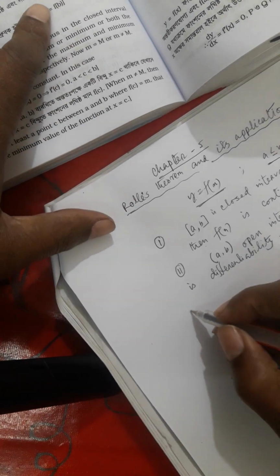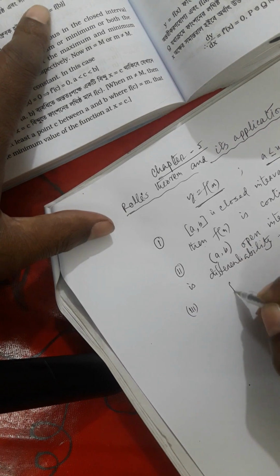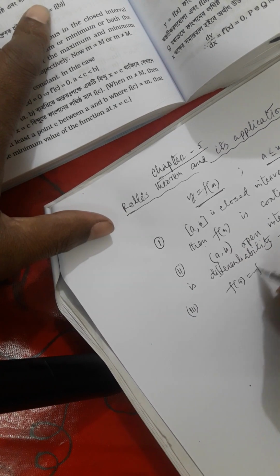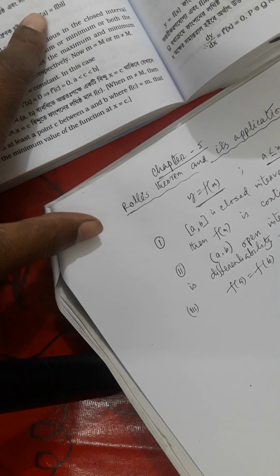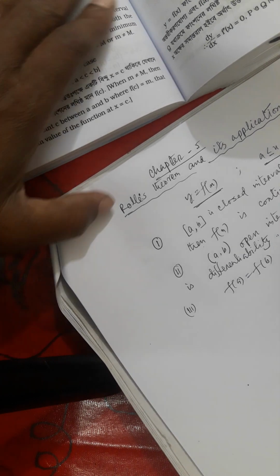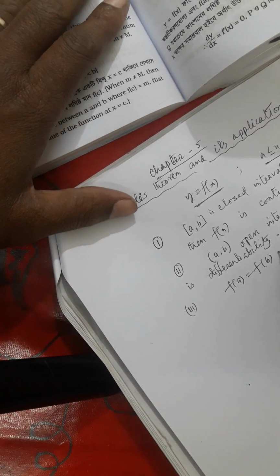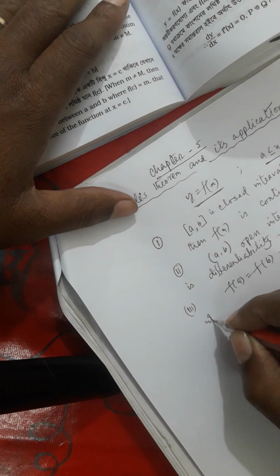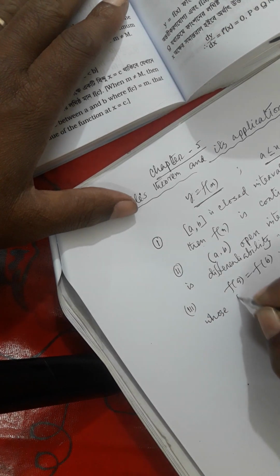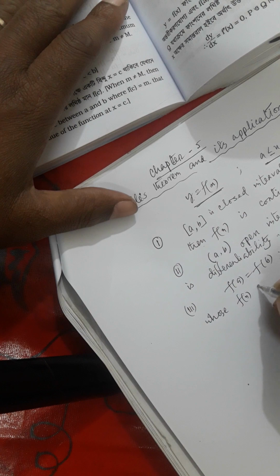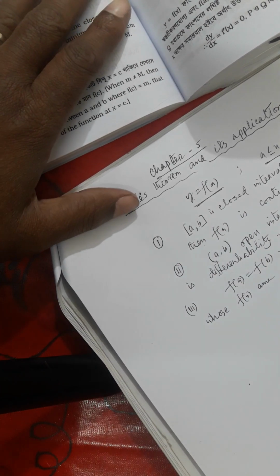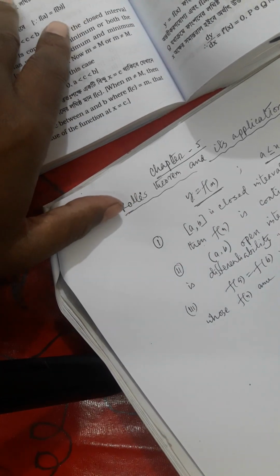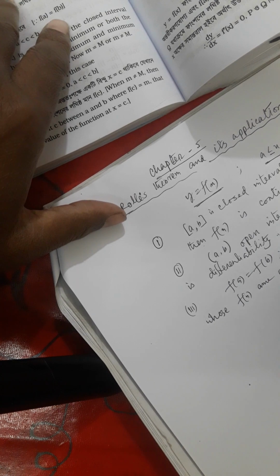And third condition, f of a equal to f of b, whose function f of x exist when f prime c is equal to 0.